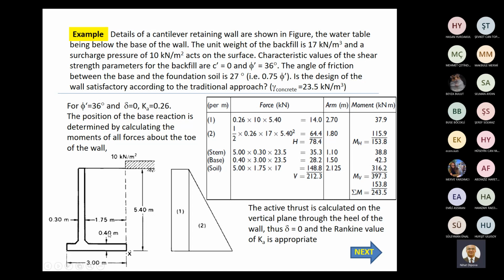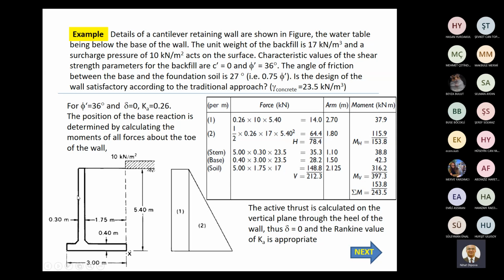So this backfill is triangular soil, 5 meters. This is height, 5 meters. Width is 1.75, and 17 is the unit weight. Stem and base are two parts of the cantilever wall.